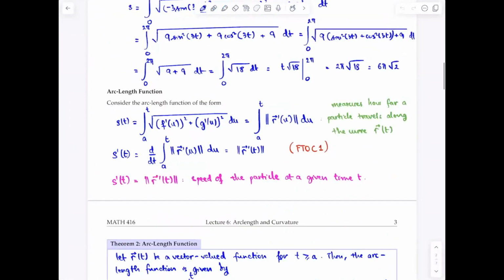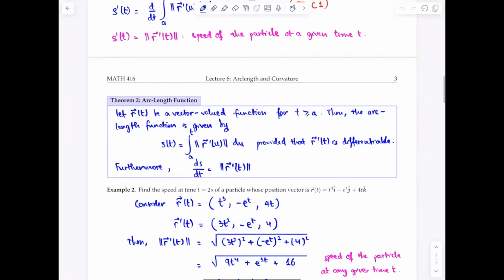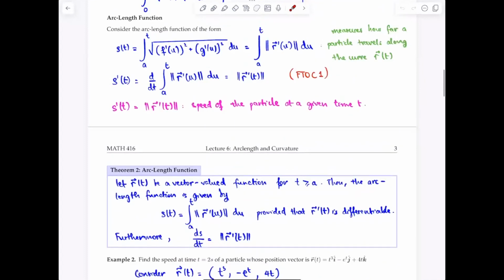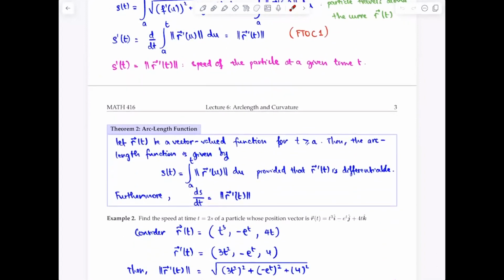Okay, so ds/dt means the speed of the particle at a given time t along the curve. So ds/dt is equal to the magnitude of the tangent vector. You okay with that?